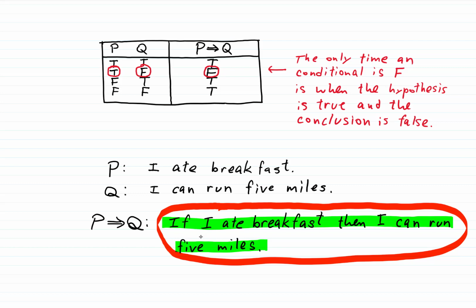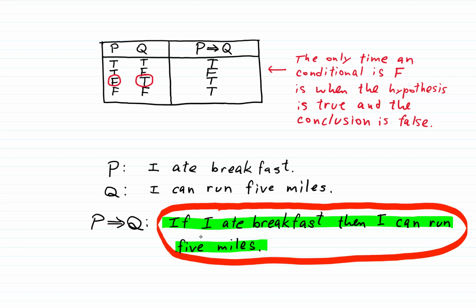Okay, now let's go down to the third line and let's explain that third line. Suppose P is false. What's that mean? It means I did not eat breakfast. Suppose Q is true. That means I can run 5 miles.